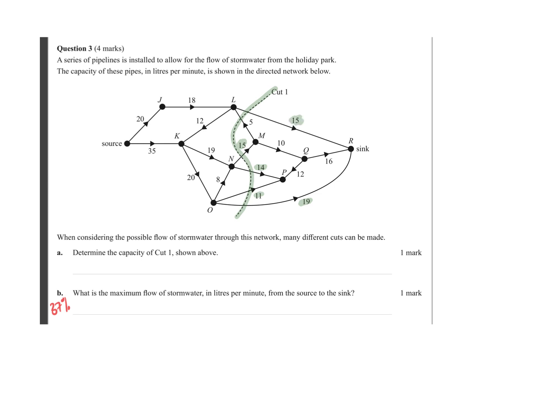Not that 5, because it's not going from source to sink. So if you add all those up, 19 plus 11 plus 14 plus 15 plus 15, you end up with 74 is that cut.